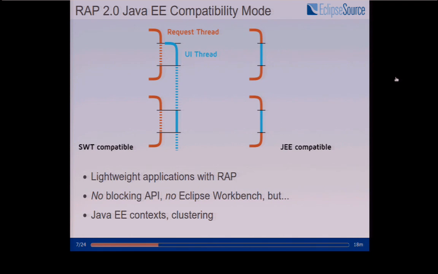And this allows us, for instance, clustering and everything else. It's a very lightweight approach. There are some drawbacks. You cannot use blocking API, such as some dialogues. We've written a dialog wrapper to overcome this problem, but you have to do something with the dialogues. And the Eclipse workbench code is not running as well.